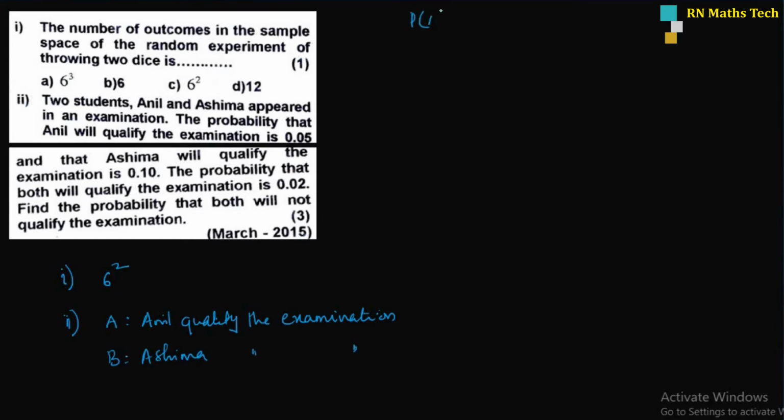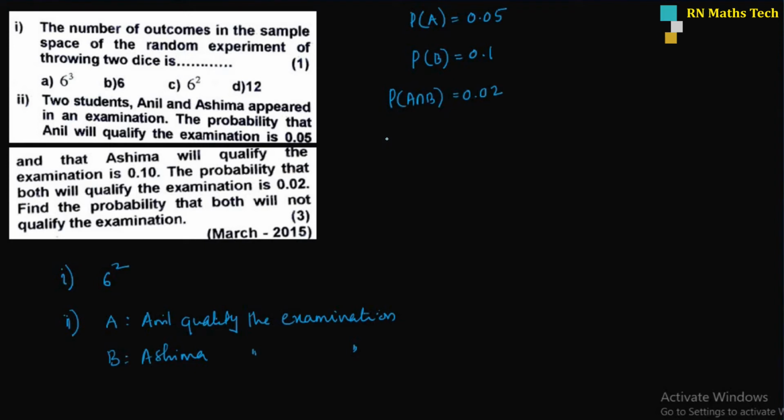P of A is equal to 0.05 and P of B is equal to 0.1. The probability that both will qualify the examination, P of A intersection B, is equal to 0.02. Find the probability that both will not qualify the examination.